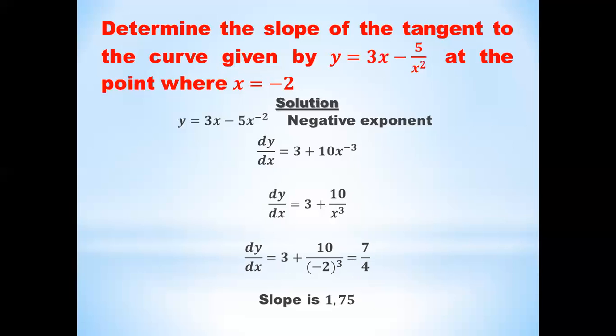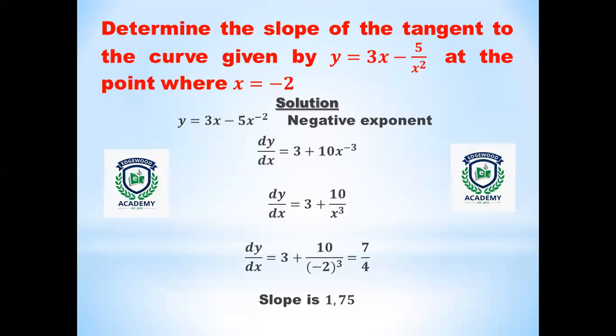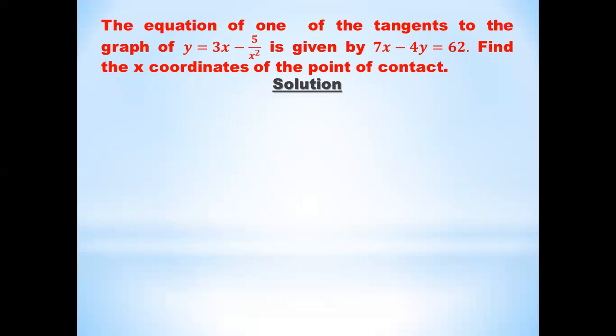Now we have 7 over 4 as the result. You can break it into decimals, and then here is your solution. So again, always remember one thing, that you cannot be working with the equation of a tangent without first looking at the derivative.